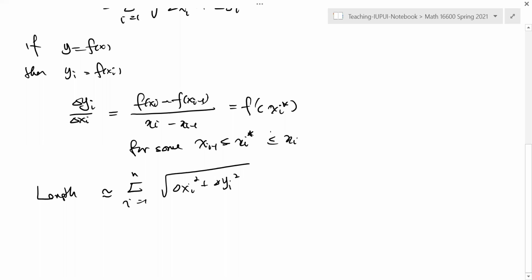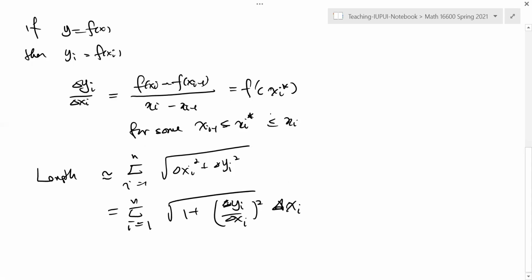Then you approximate the length by the total length of these line segments. Now this time I'm going to take delta x out. You can also take delta y out. So it's going to be delta xi squared times, and this is delta xi, right?